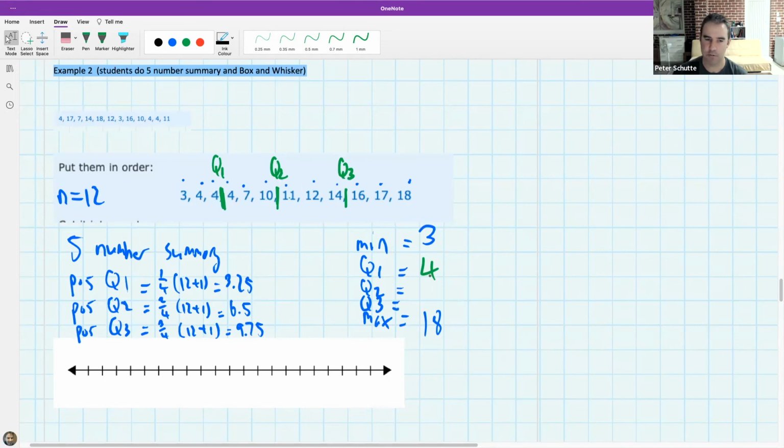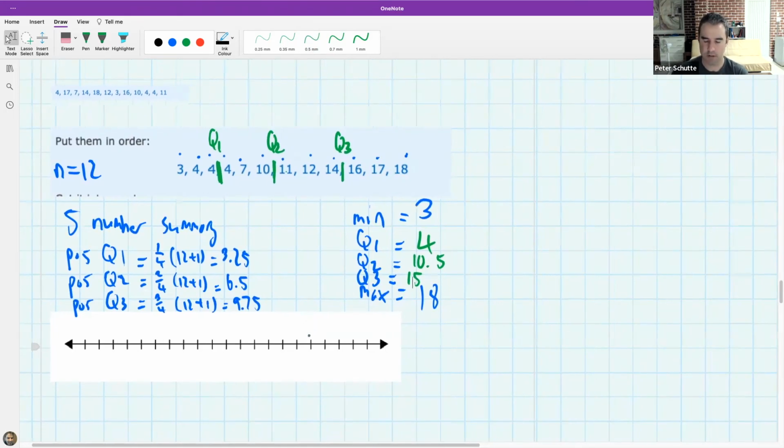So it's slightly different between quartiles and percentiles. So Q2 indeed will be 10.5 and Q3 will be 15 because it's halfway between. So, essentially 14 plus 16 divided by 2. Okay, pleasure, Rachel, pleasure.